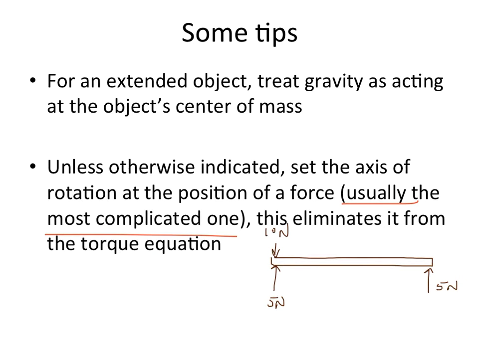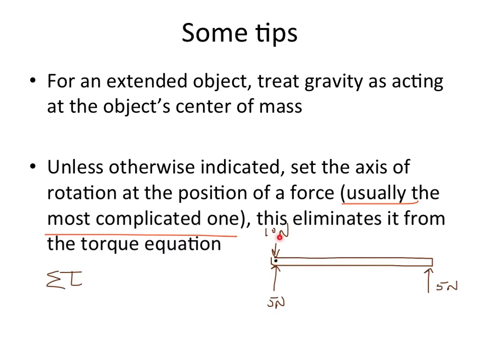If you want to find the net torque on this, all you have to do is pick some sort of rotation point. The rotation point I'm going to pick is right here. Why did I pick that? Well, because there are a lot of forces going on right here, 10 down and 5 up. What that means is these forces are 0 radius away from that axis of rotation, which means they create no torque at all.